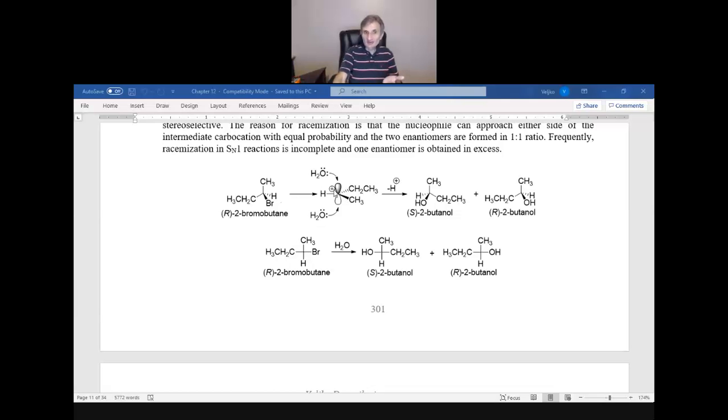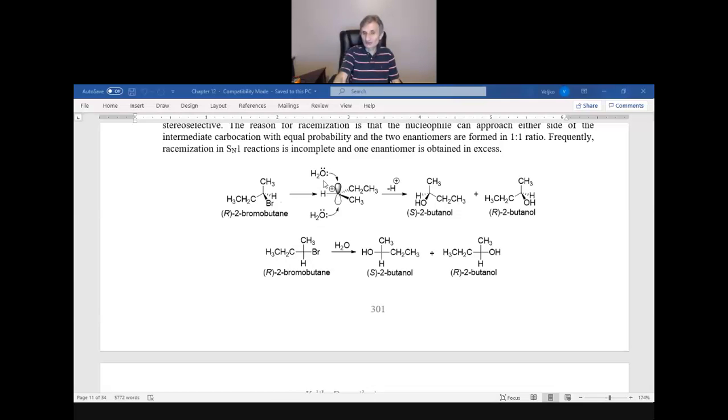The same carbocation is obtained from R-2-bromobutane or S-2-bromobutane, because once bromine is gone, we end up with the same planar carbocation. And now the nucleophile, in this case water, can approach this carbocation from the top or the bottom with equal probability. Of course, the free electron pair is donated into this empty orbital.